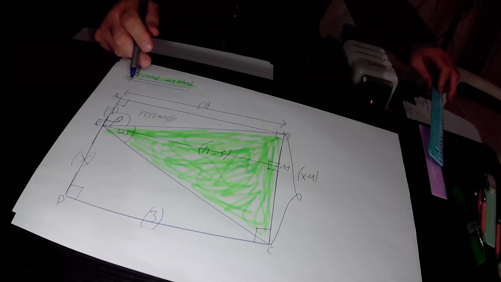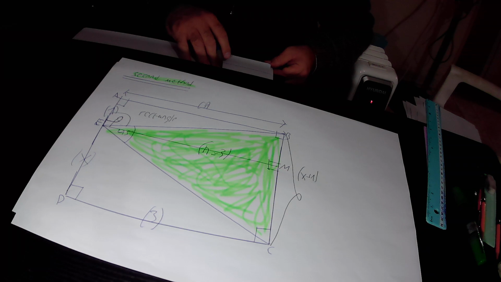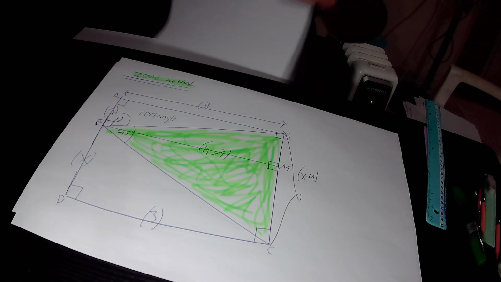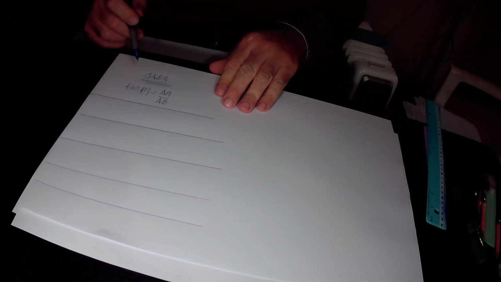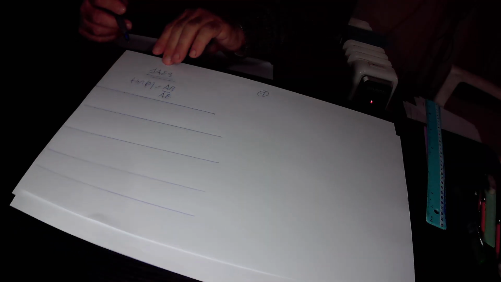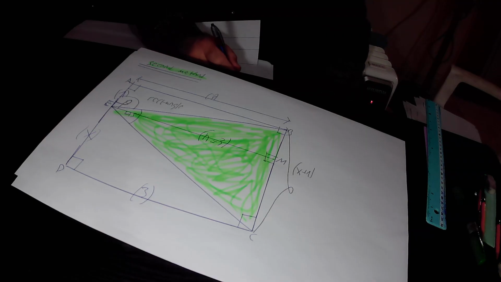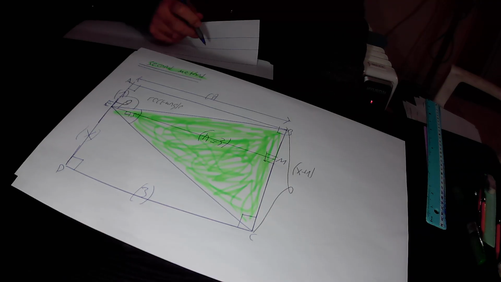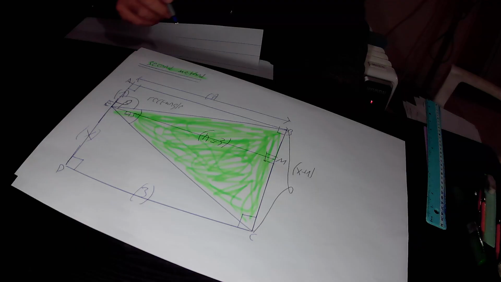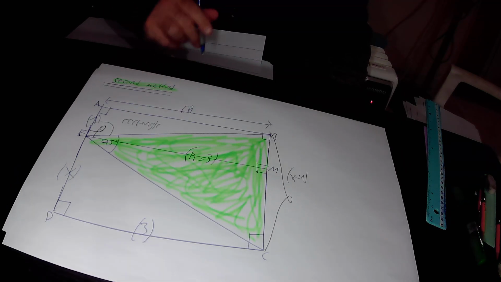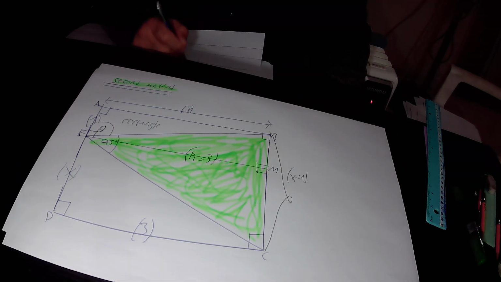Because again, in this right triangle AEB, tangent theta equals AB over AE. This is equation 1. So tangent theta equals AB, which is 3, over AE.